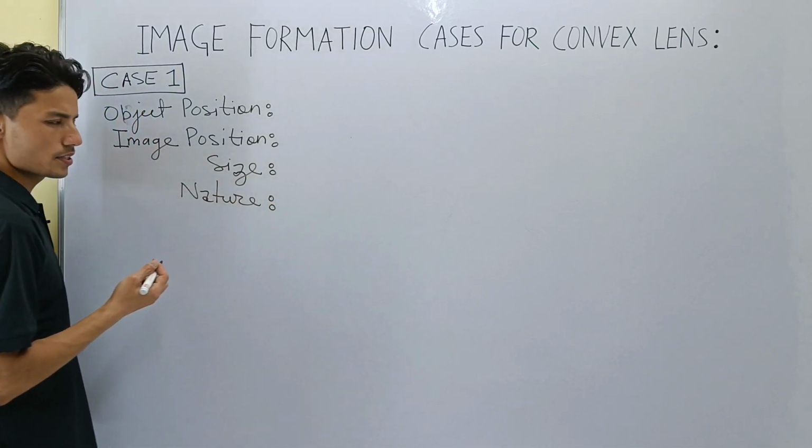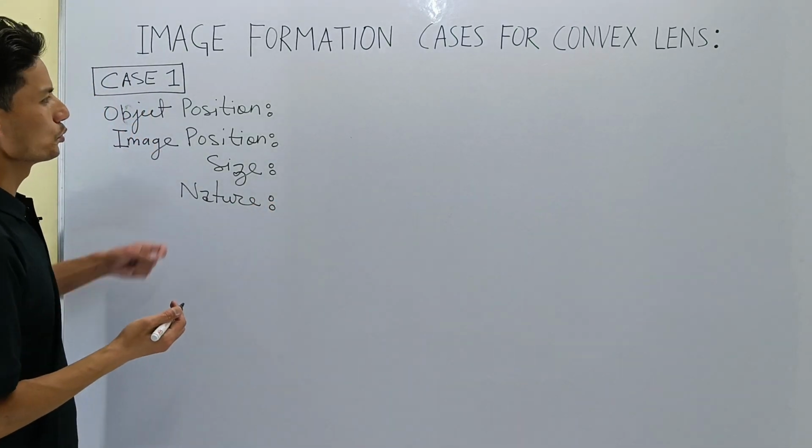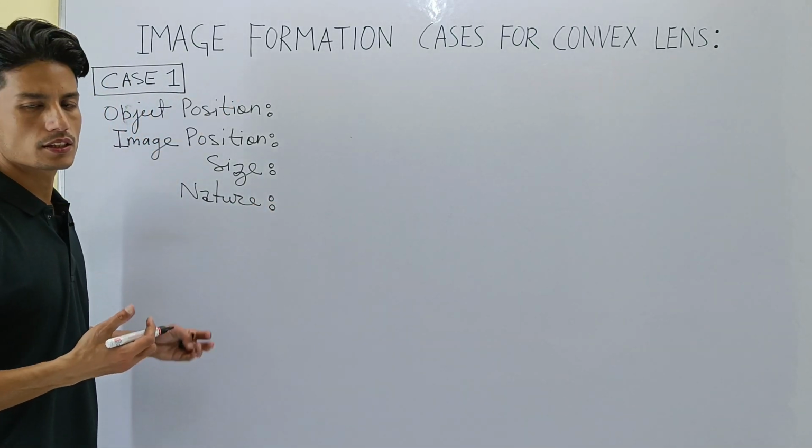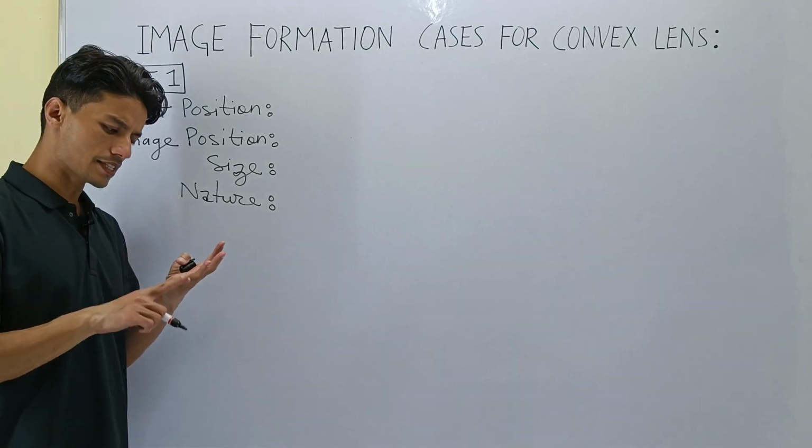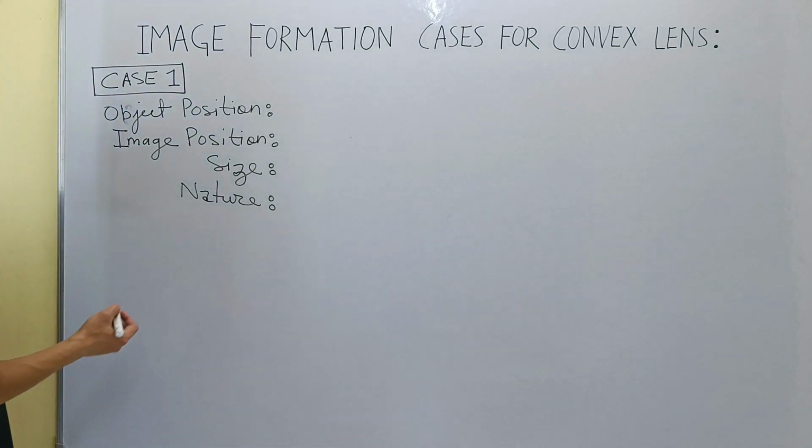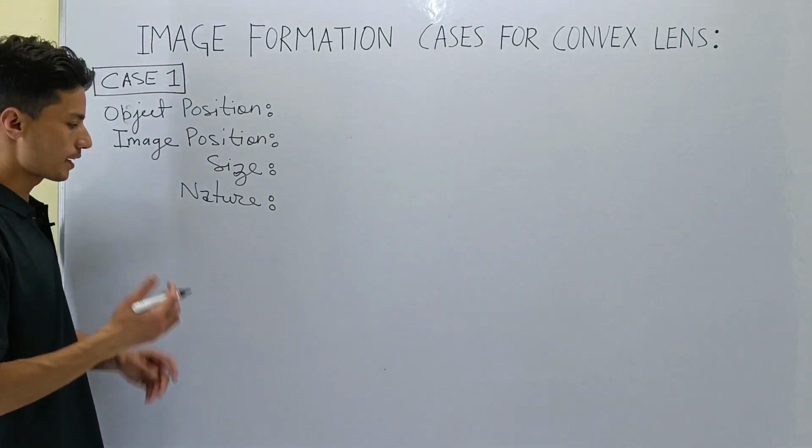These things we have already written in mirrors, and we will be repeating the same thing again. These 4 points are very important whenever we study image formation cases, either for lenses or mirrors. Now we have to draw the ray diagram for case 1.